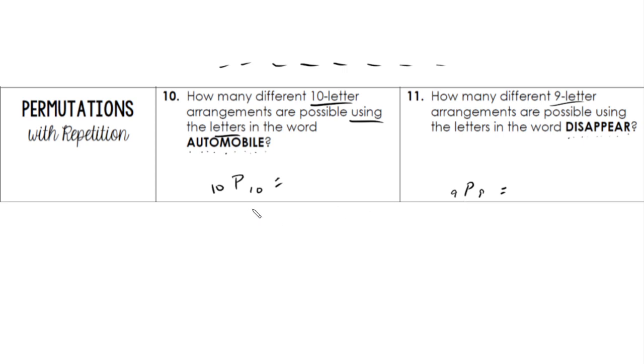You'd have whatever number of letters you're looking at. So 10P10 is 10 factorial, which is 3628800, and 9P9 is 9 factorial, and that is going to be 362880.